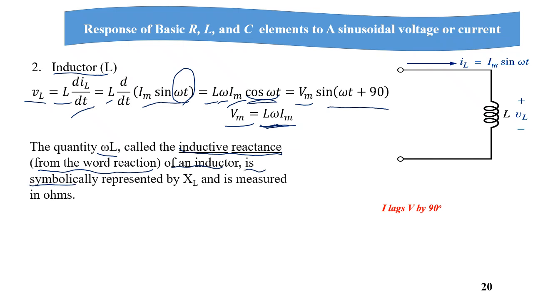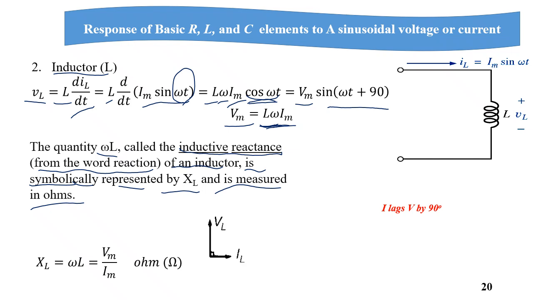It has the symbol X_L and is measured in ohms. It has the same unit as resistance. We have the current having an angle equal to 0 and the voltage having an angle equal to 90.